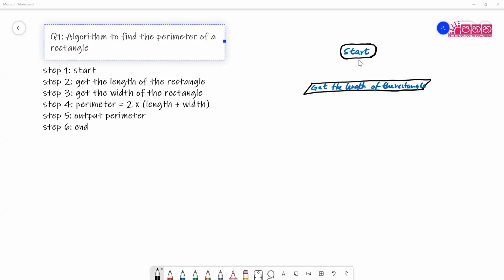So the start is, we use this block to represent start. Then step 2 is getting the length. The third one is also getting the width, which means another input. It means we have to have another input.